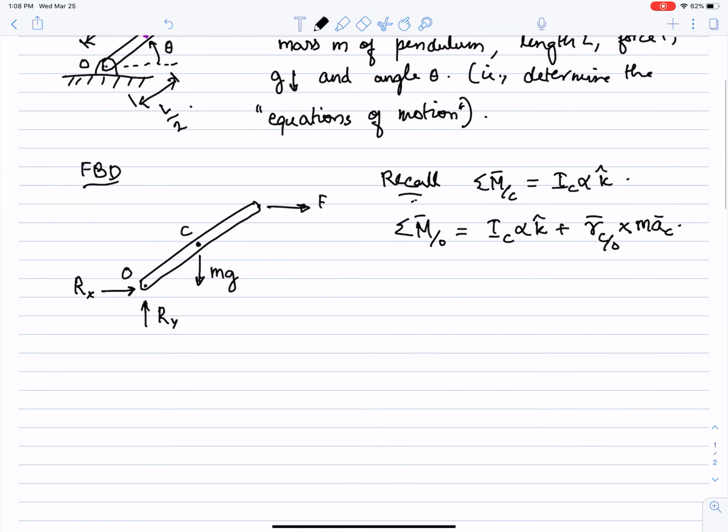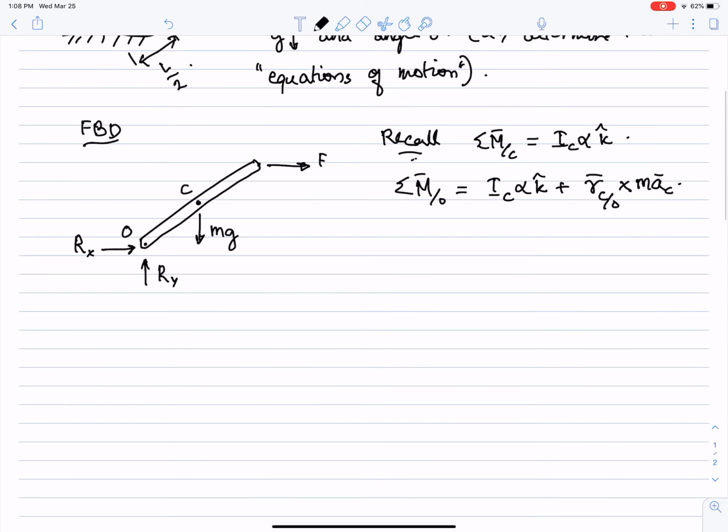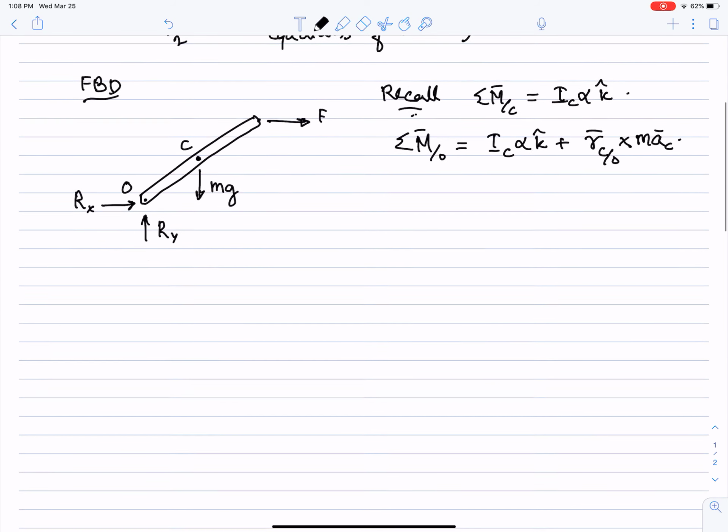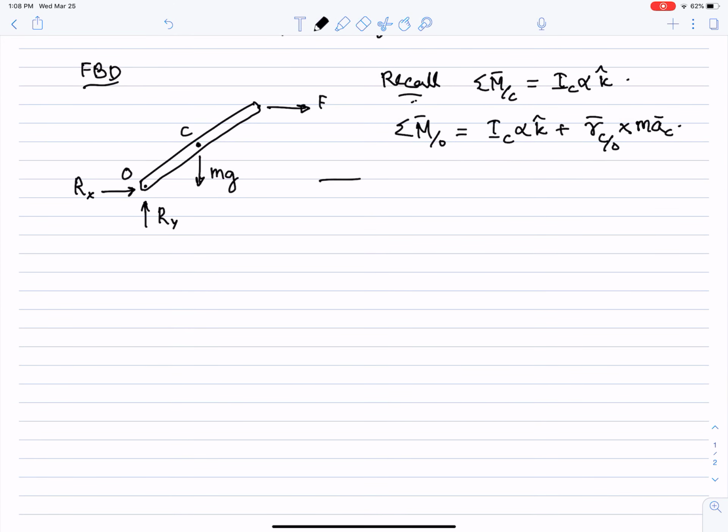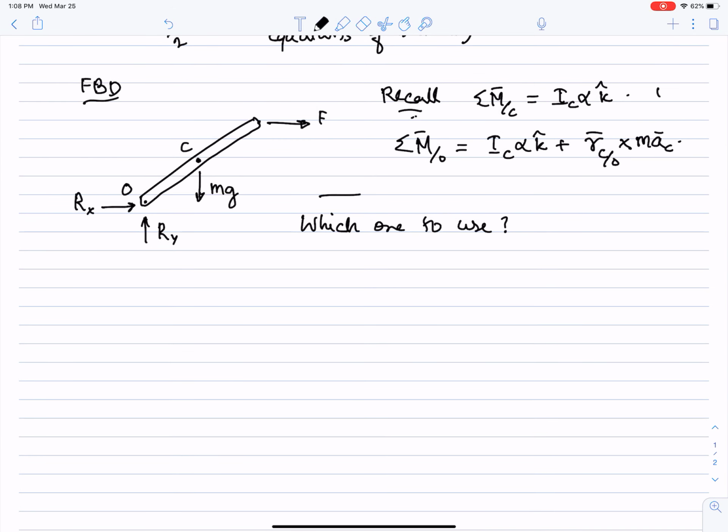Okay, so these are the two equations available to us, and we can see which one to use. Let's call this equation 1, and this equation number 2.